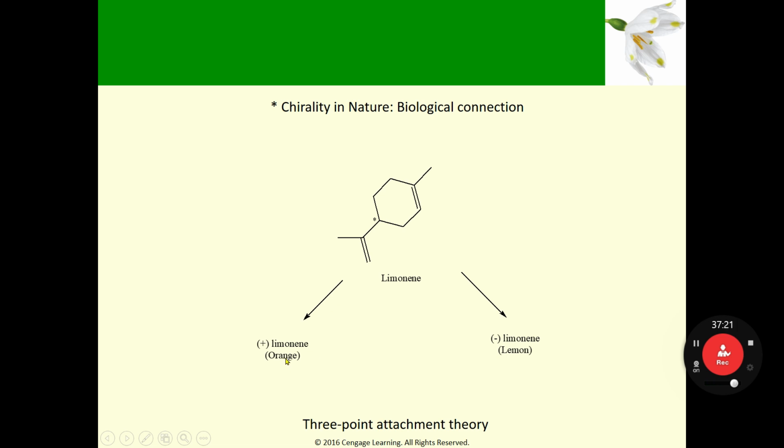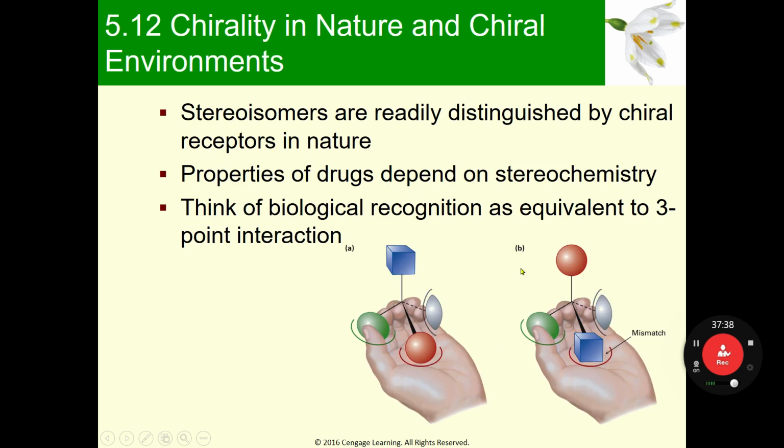However, the minus isomer tastes like lemon. Why do they have a different taste? Because if you have different stereochemistry here, just like different molecules, they will have different parts to touch your hands. Because they have different parts touching your hands, they will have a different taste.